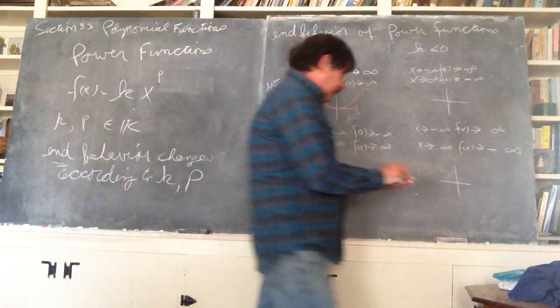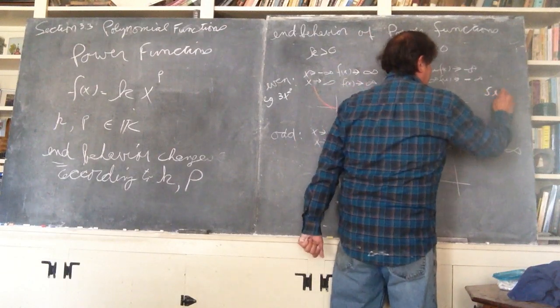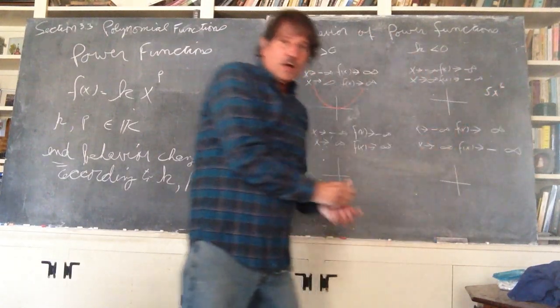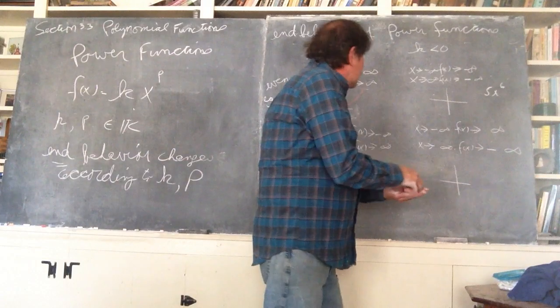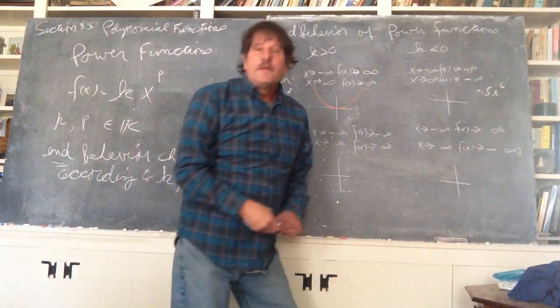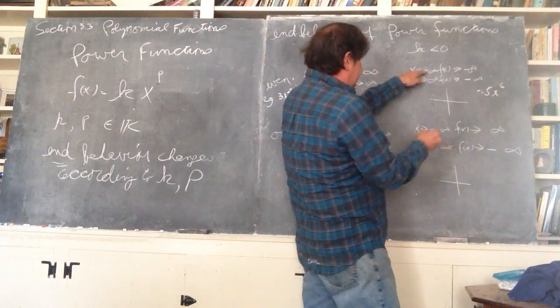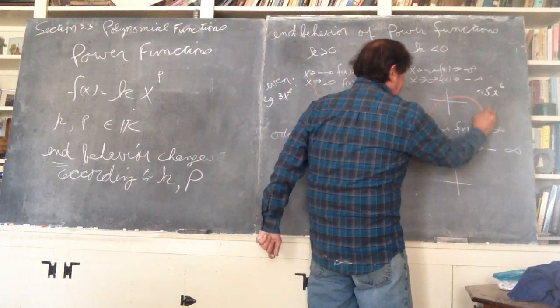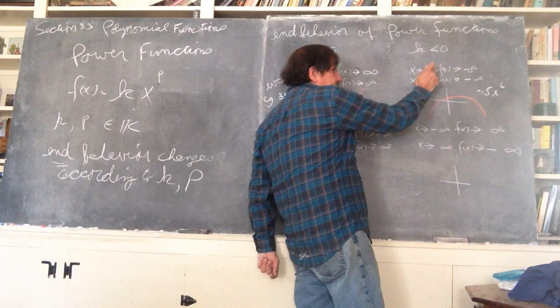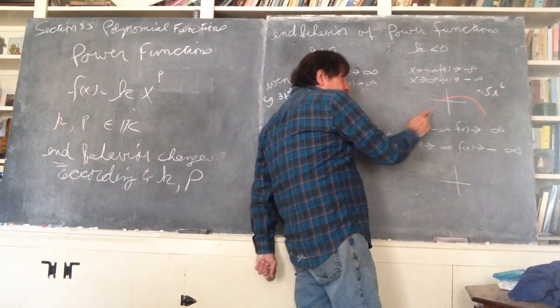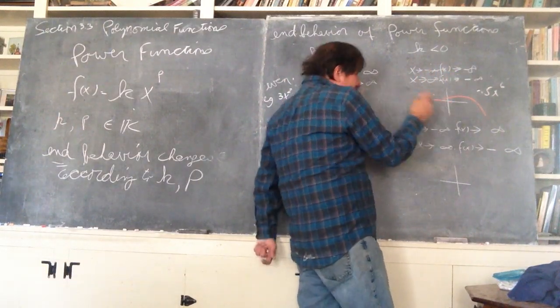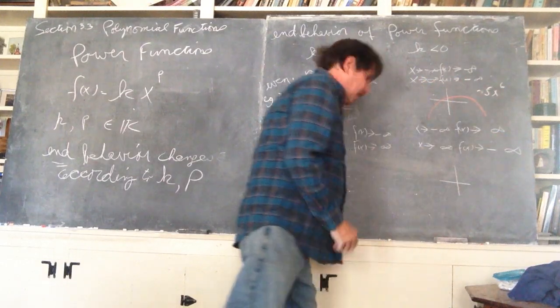Here, let's do one like 5x to the 6th or something. That's a power function. Negative 5x to the 6th. If the leading coefficient is less than 0, then it'll look like this. As x gets hugely big, the function gets hugely small, and the same thing in the other direction.